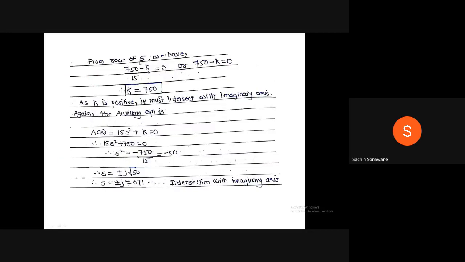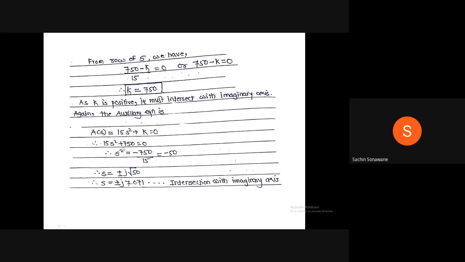Now the row of s raised to 1, we have 750 minus k divided by 15 is equal to 0, or 750 minus k is equal to 0. Therefore k is equal to 750. As k is positive, it must intersect with imaginary axis. Again, the auxiliary equation is A(s) is equal to 15s square plus k is equal to 0.